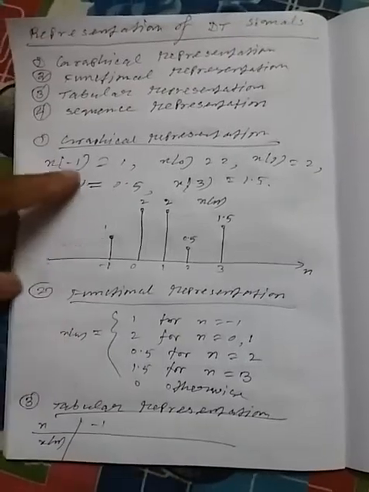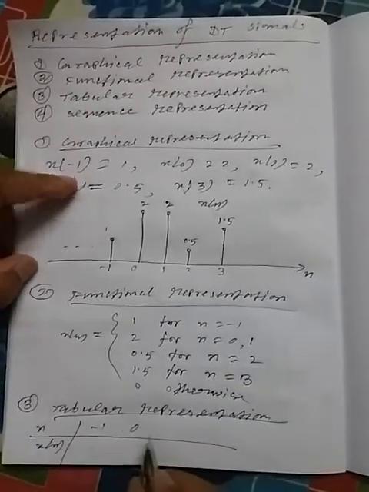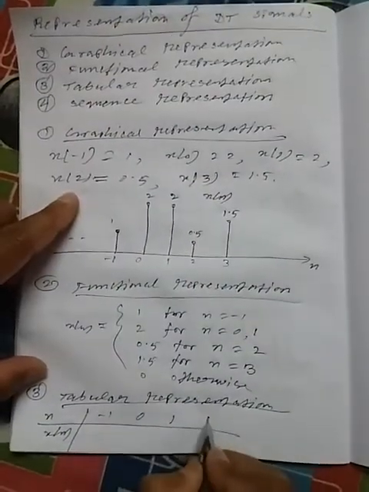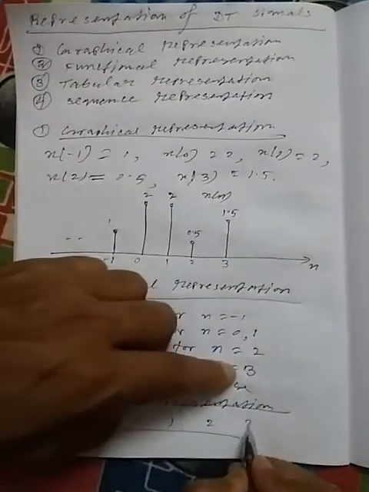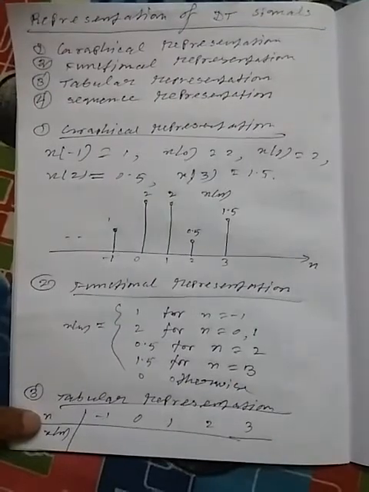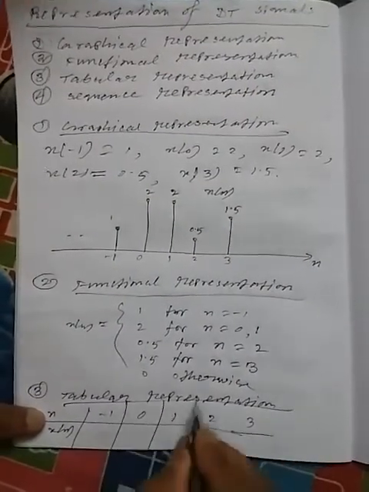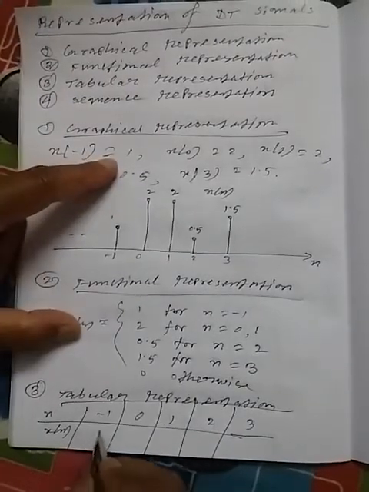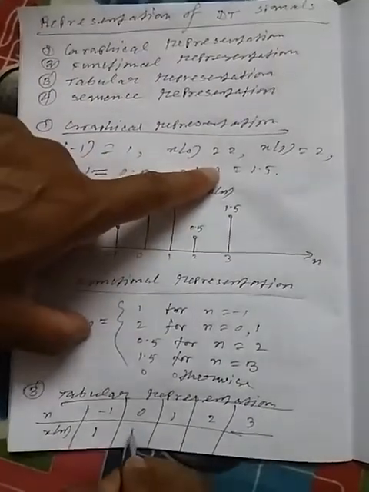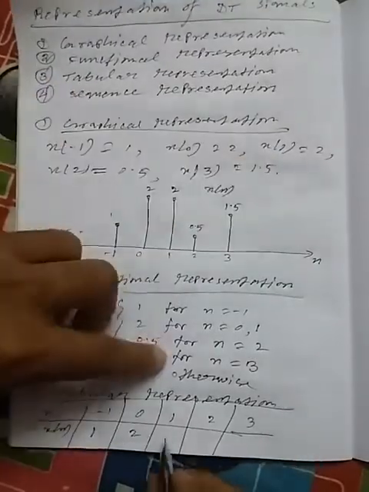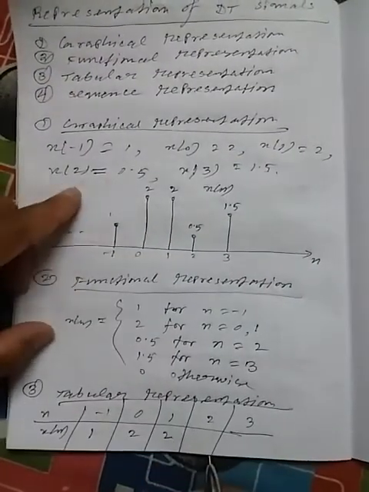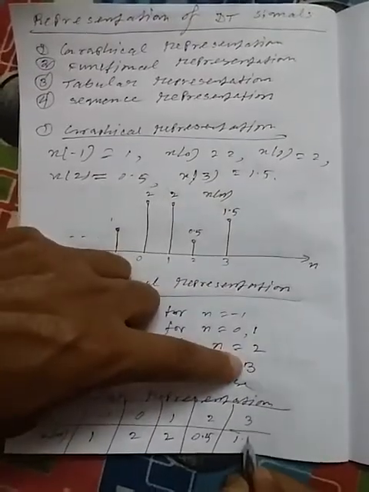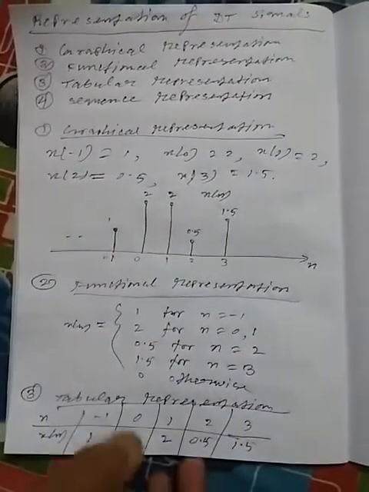The values of n are minus 1, 0, 1, 2 and 3. When n is minus 1, x of n is 1. When 0, 2. When 1, then 2. When 2, it is 0.5, and when 3, it is 1.5. So this is the tabular representation.